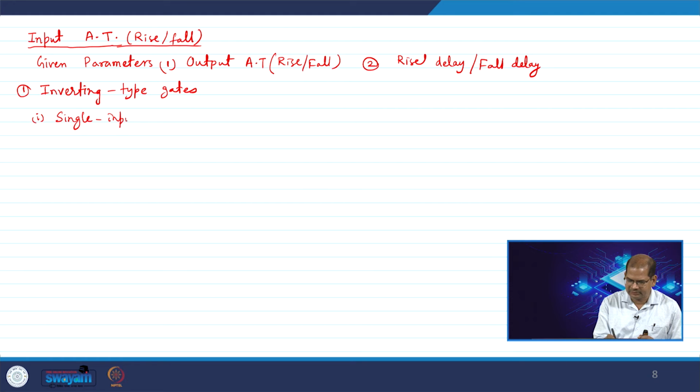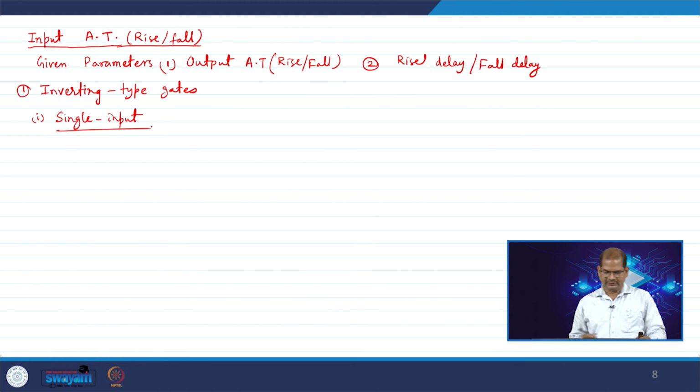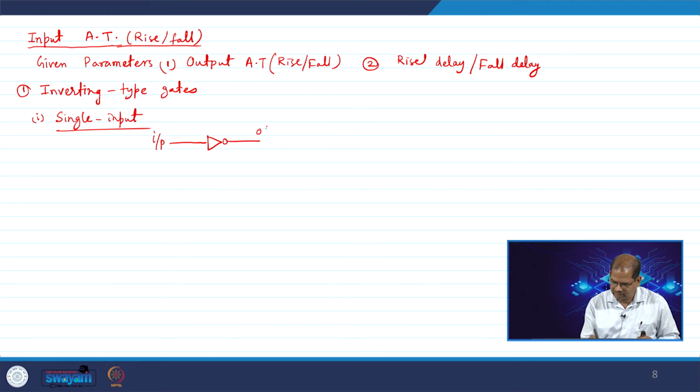First, it is easy to explain with the single input, then I can go for multiple input. So, let us say I am taking the inverter. This is my input, this is my output. If I know, let us draw the waveform, then I can find it out.